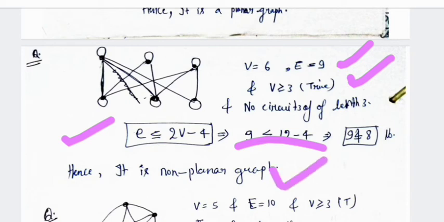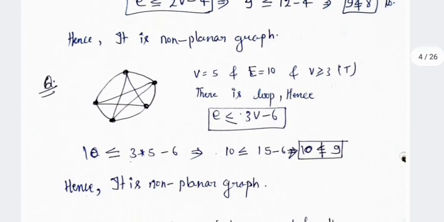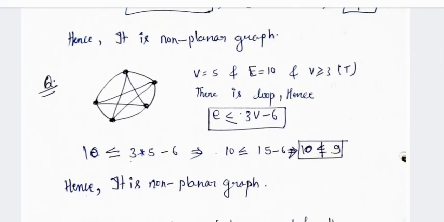On the basis of these two cases or equations, we can easily find the planarity or non-planarity of a graph. Now come to the next question. Here the total number of vertices is 5 and the total number of edges is 10, and it also satisfies the condition that vertices is greater than or equal to 3.